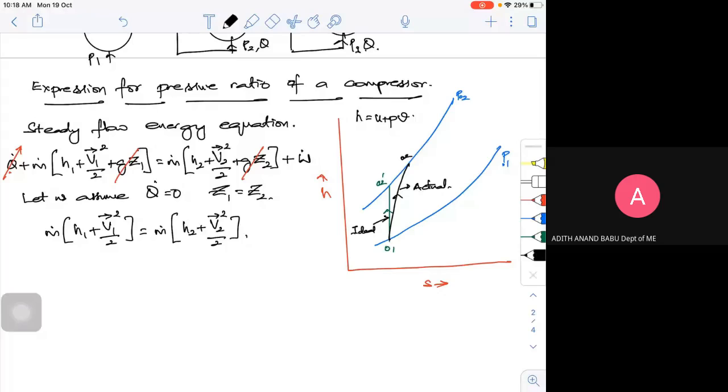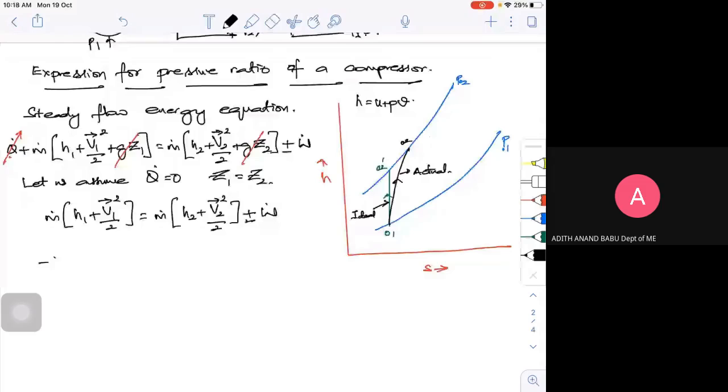Then plus W. Now see here, I'm going to put plus or minus W. If it is a work producing machine like a turbine, this would have been a plus. If it is a work absorbing machine, this will be minus, depending upon the type of machine I am looking into. So a minus W indicates it is a work absorbing machine like a compressor or a fan or whatever it may be.